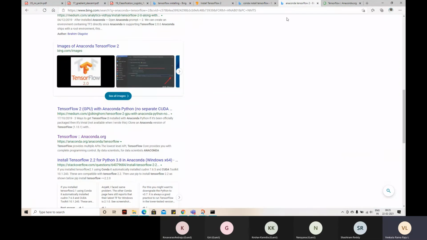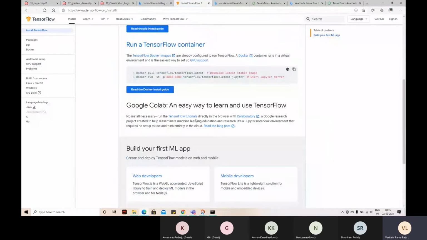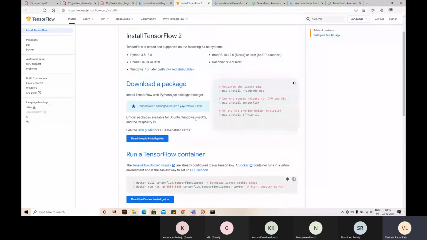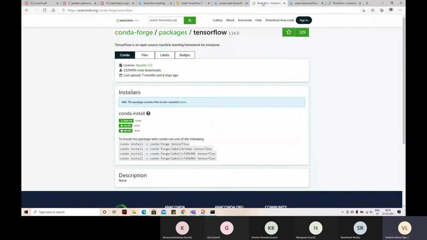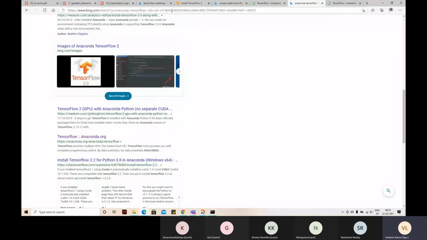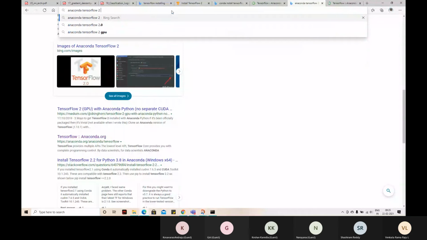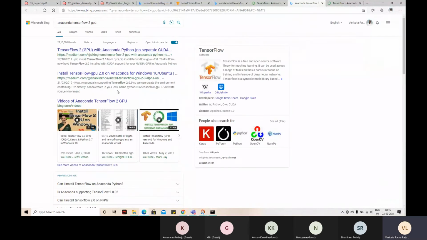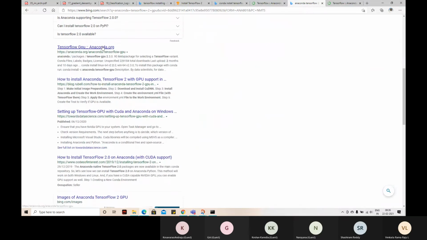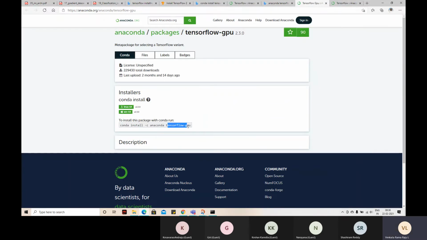Okay, for GPU, you should be installing like this. Yeah, this is the command: conda install -c anaconda tensorflow-gpu.